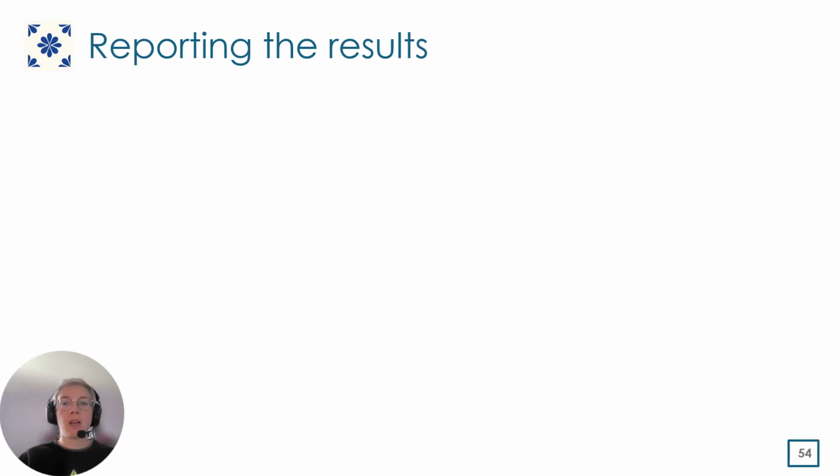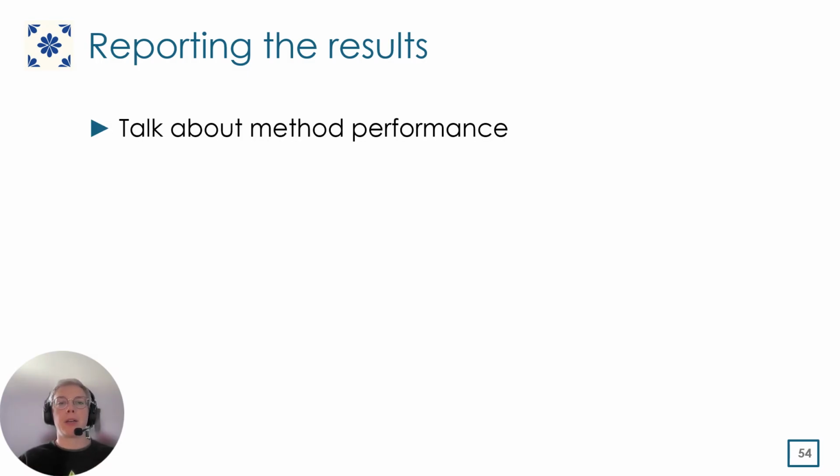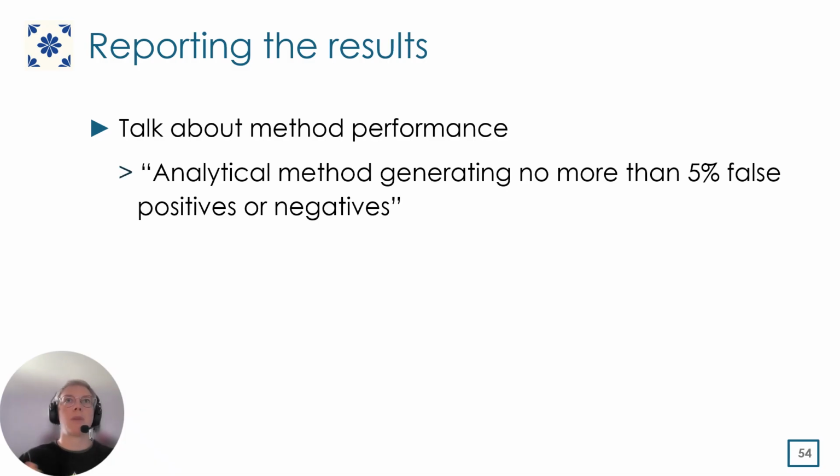Well, you can certainly talk about method performance. So, for example, you could say, okay, bromazole above threshold, analytical method generating no more than 5% false positives or false negatives.